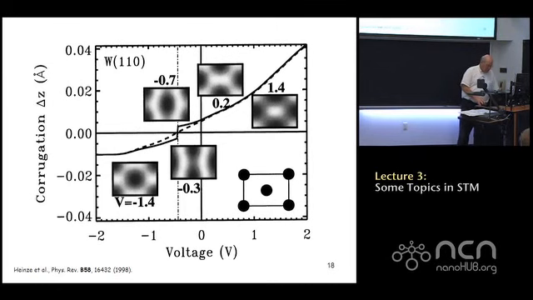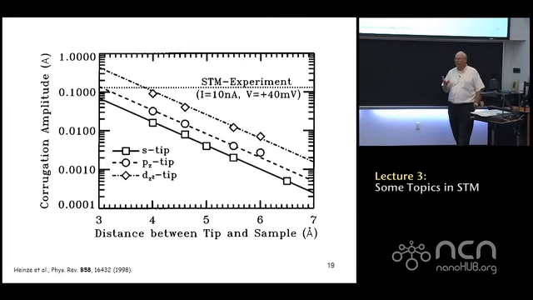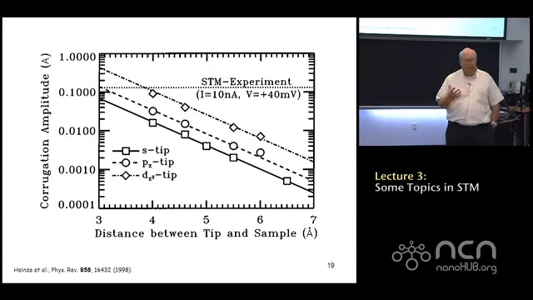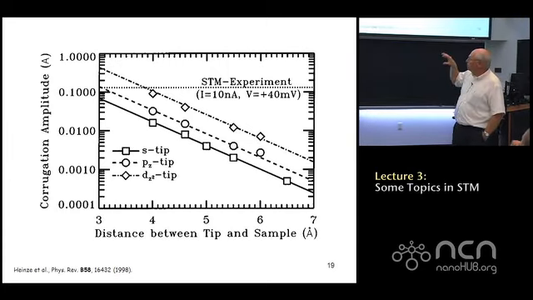All right? They went on to explain quantitatively the differences in corrugation by assuming different tip atoms. So I alluded to this about 2 lectures ago, where I said the lead atom on the STM tip can be in different atomic states. These different atomic states correspond to the atomic orbitals that you all learn when you study chemistry in high school.